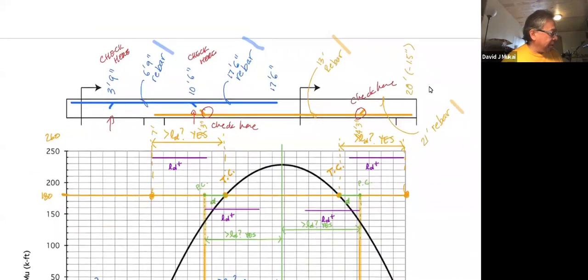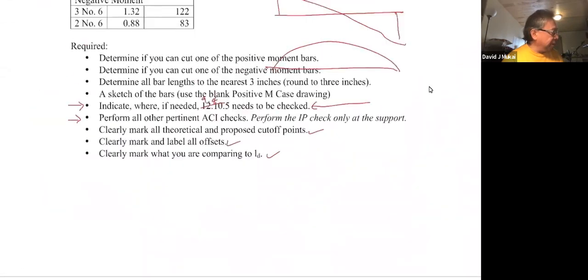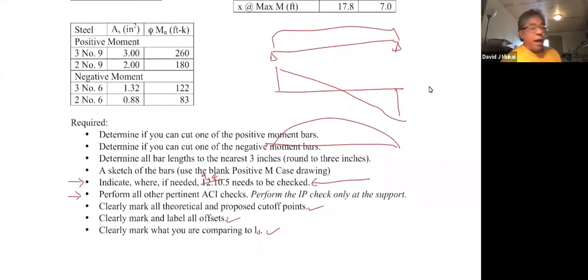Okay. So that's that. So the last thing, and it'll be fast today, perform all other pertinent ACI checks. And this is just a code thing. Anytime you design something like this, you have to do all the code checks. And the easiest way to do this is, I'm just gonna walk through all the code checks, and you'll have this video to see what you need to do.